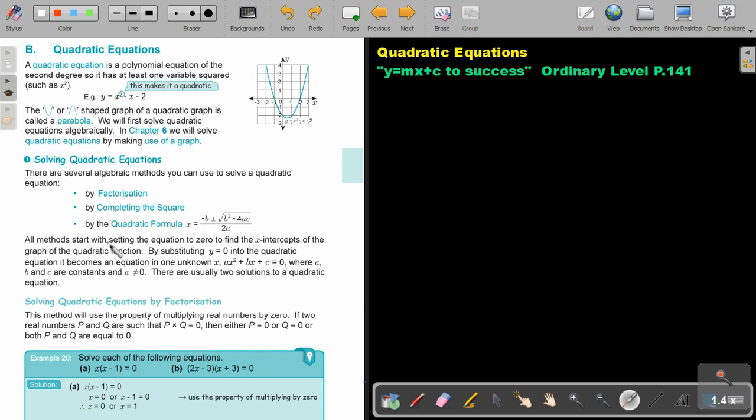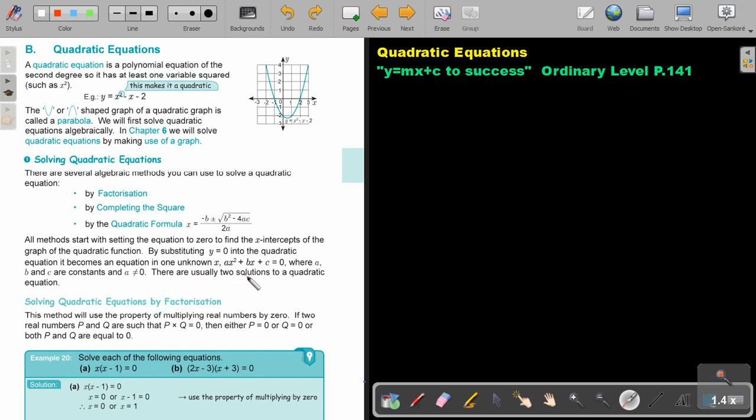All methods start with setting the equation to 0. This is very important because you want to see where it cuts the x-axis, and where it cuts the x-axis, the value of y will be 0. So by substituting y equals 0 into the quadratic equation, it becomes an equation in one unknown, x, where a, b and c are constants and a cannot be equal to 0 because then that term will disappear.